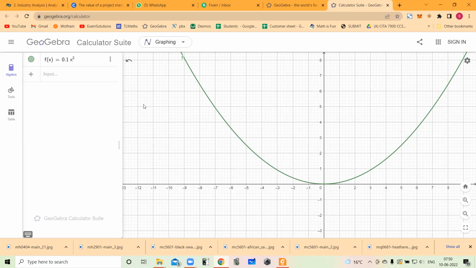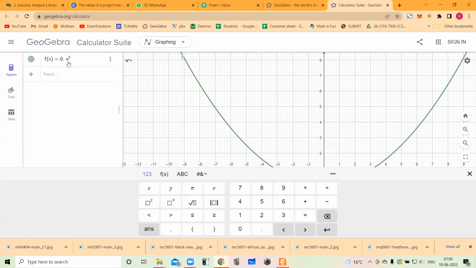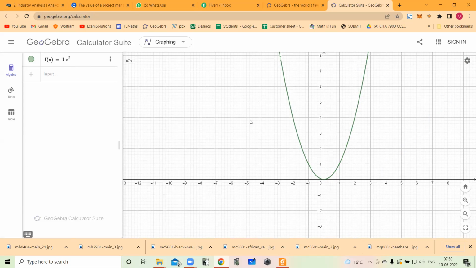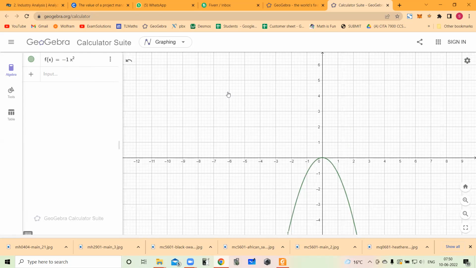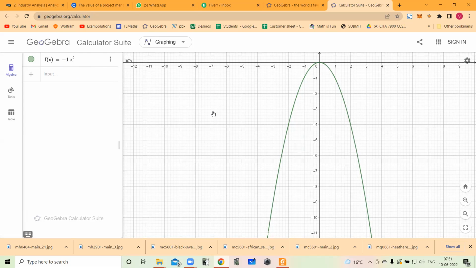One more thing A is going to tell you. If A is a positive number, till now we have done all the positives, right? If A is a positive number, then the parabola will be like a cup opening upwards. Now, if A is negative, for example, you're having negative 1x squared, it'll be a mountain opening downwards.